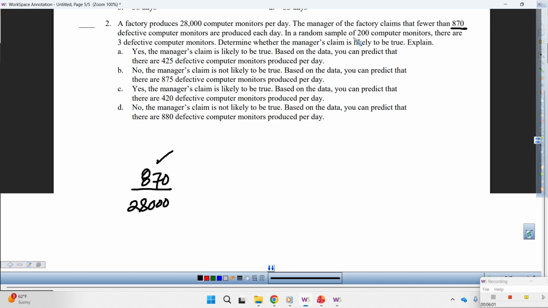And then it says, in a random sample of 200 computer monitors, there are 3 that are defective. So 3 defective for every what? 200 according to the sample that they got.